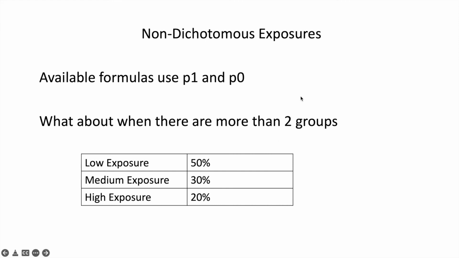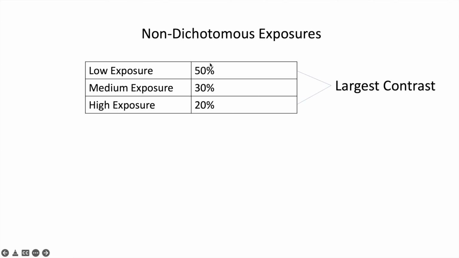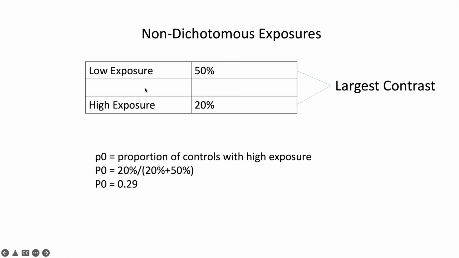Another situation that gets more complex is, say we have a 3-level exposure here that's not as evenly distributed. So we have 50% of people that are low exposure, 30% that are medium exposure, and 20% that are high exposure. Again, we're going to boil this 3 down into 2, and we're going to pick the largest contrast. So we're going to compare the 50% and 20% group and pretend this medium one doesn't exist for now.